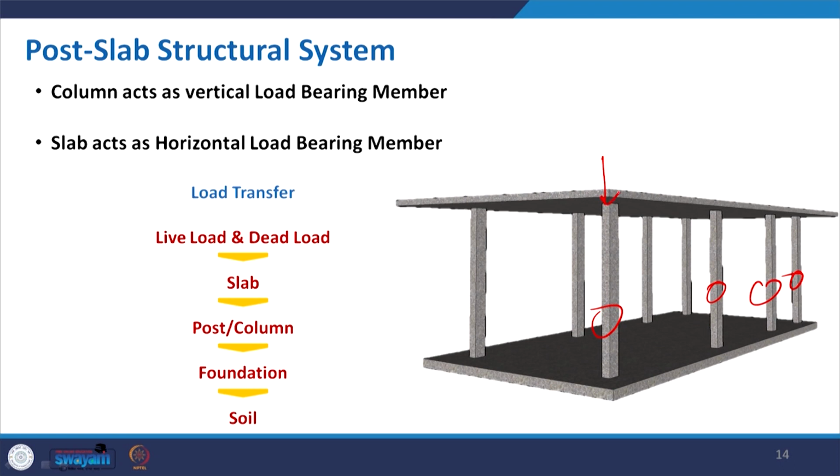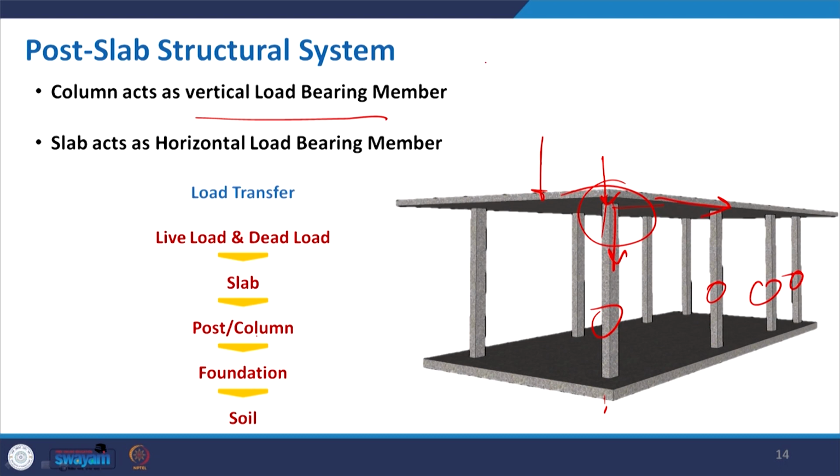All these columns will take the vertical load, as the vertical load bearing member, whereas the slab is the horizontal one. It will transfer the load to the post and column, and then to the foundation through soil. So, this is the arrangement, but in this case this particular joint can have different options.